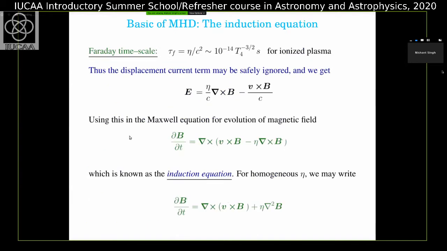If you write B dot dA or B dot ds and take the entire area integral, the convective derivative d by dt of that is 0. So the magnetic field through an area, or in other words the flux, is frozen to the plasma. So you take the plasma, you deform it, you take it wherever, the magnetic field will move with the plasma element.